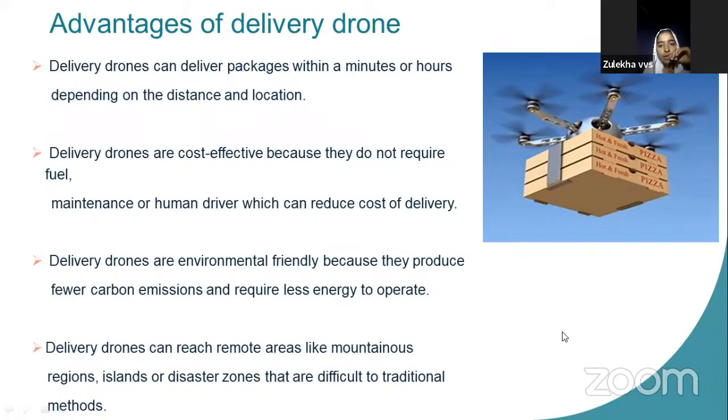Next, delivery drones can reach remote areas like mountainous regions, islands, and disaster zones that are difficult for traditional methods. There are some places where humans can't reach and can't deliver packages. By using drones, packages like medicines can be delivered at emergency times to regions like mountains and islands.